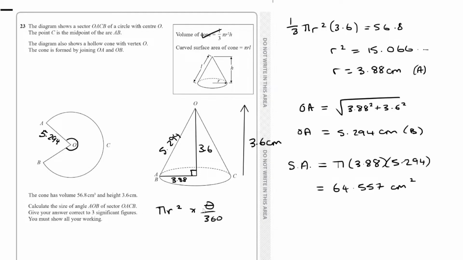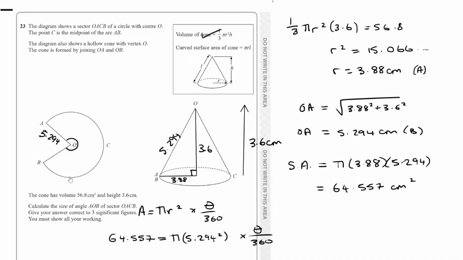And I want to know the angle. I know the radius, I know the answer to the area. So now this is my last bit. If the area is 64.557, obviously I'll use all my decimals from my calculator, equals pi times the radius squared, which is 5.294 squared, times by the angle over 360.